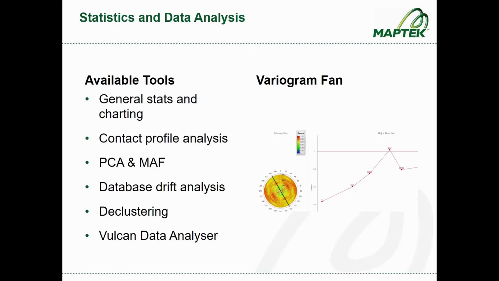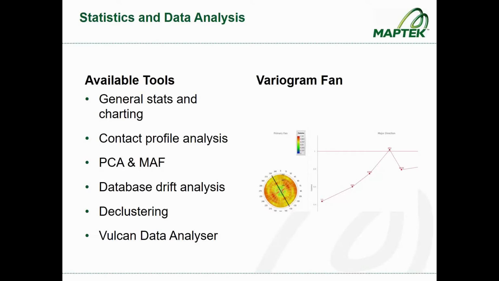Depending on the data set and the type of model you're doing, you may want to use those. The database drift analyzer, again, is for plotting your grade as it travels through space, so it's helpful to identify trends in your data set in all three directions.